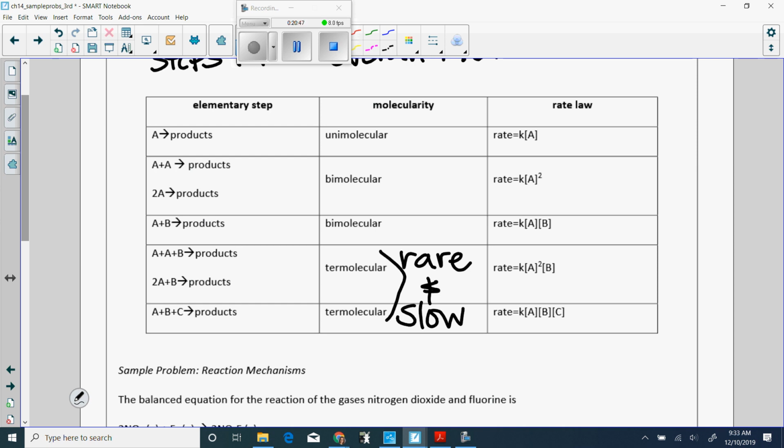The chances of that happening are very low. Termoleculars are like, you look at it and nothing's happening. So slow. So in the words of the AP exam, it'll give you a clue, like it was really, really slow. The reason being the collision theory. Collision theory is that they have to collide, they have to collide in the correct orientation, and they have to collide with enough energy to overcome activation energy. That's just not going to happen all that fast.